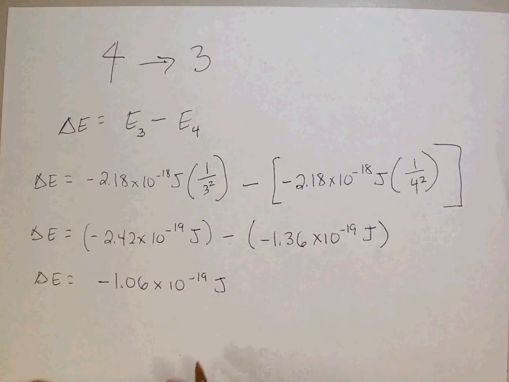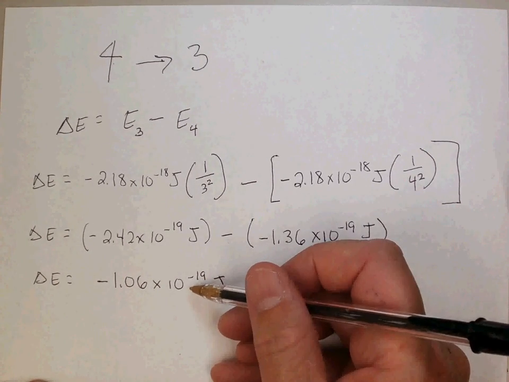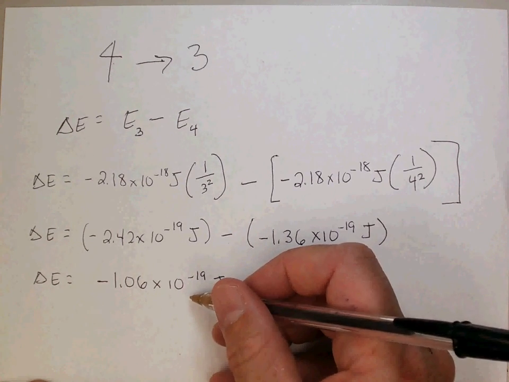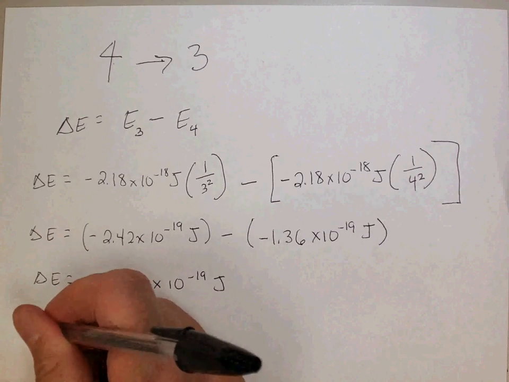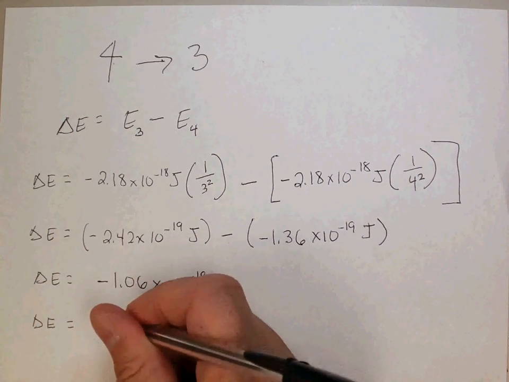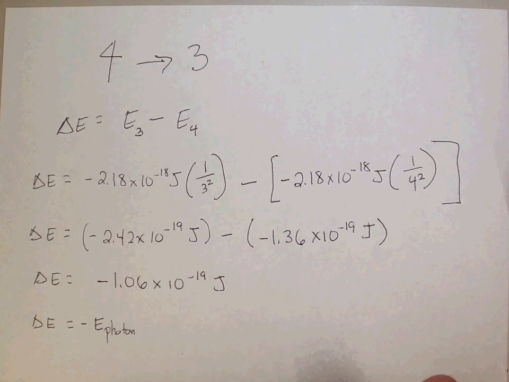Now remember, this is the change in energy, but because this is how much energy is actually released, we assume the conservation of energy, so we assume that the change in energy is equal to the actual energy of the photon, except with a negative sign because one is absorbed and one is emitted.